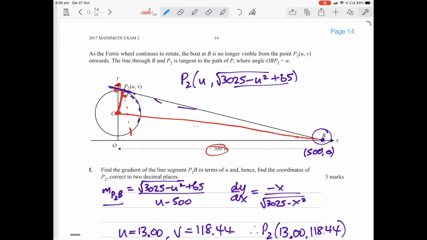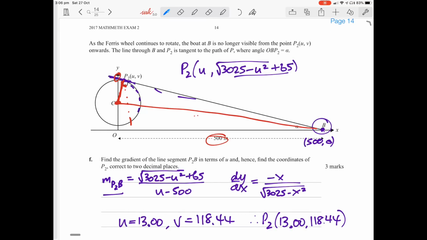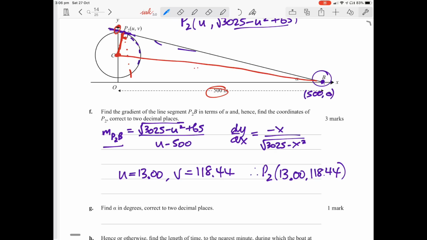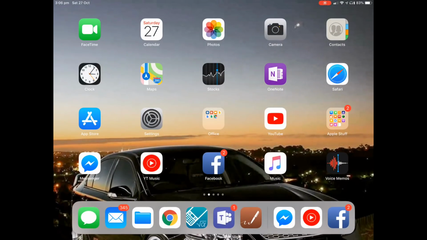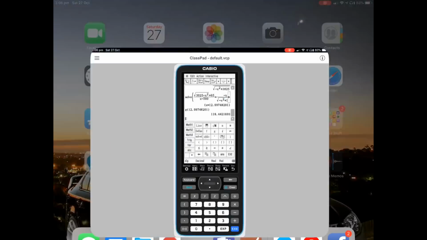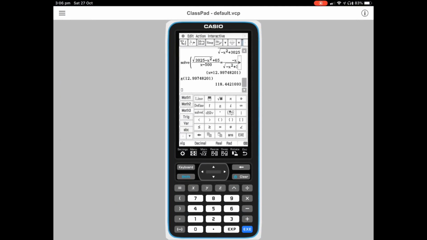I could find the equation of that line, find the y-intercept, and then use tan inverse. Let's do that. So I want the equation of the tangent at the point 13, or 12.99. So the equation of the tangent of g of x at that point.